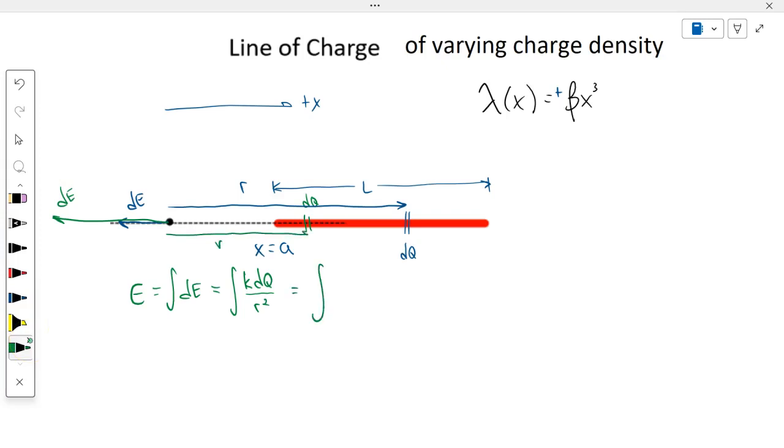How much charge does dq have? That depends on how much charge there is per unit length at that location, and how long that location is. So we can still say that this dq is lambda dl.